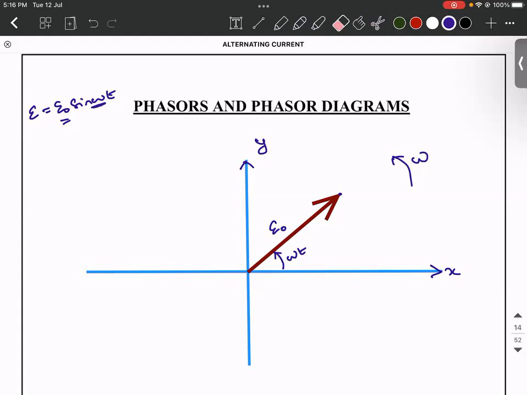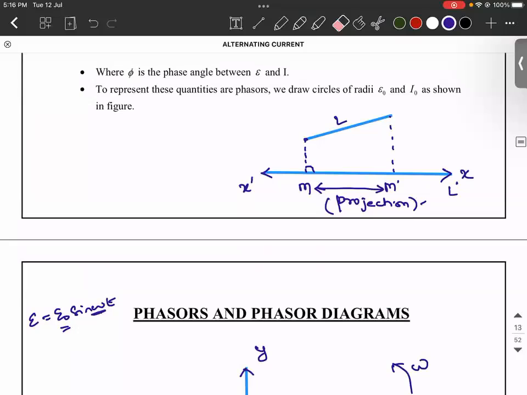If it is parallel, when you draw perpendiculars, it forms a rectangle, and then this length and this length will be equal. But here it forms a trapezium, so this projection will not be equal to the length of the line. If you want me to clear the doubt, the projection will be something like this. If the angle is theta, it will be L cos theta. That is what the projection is.